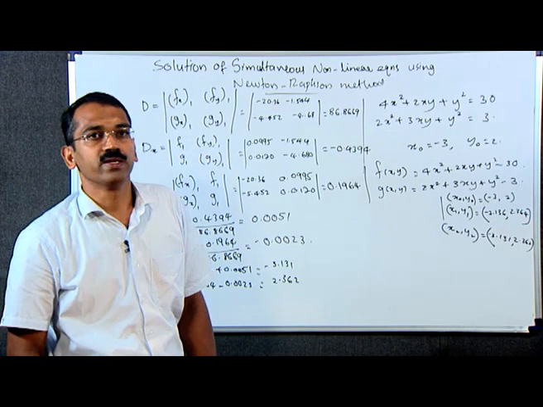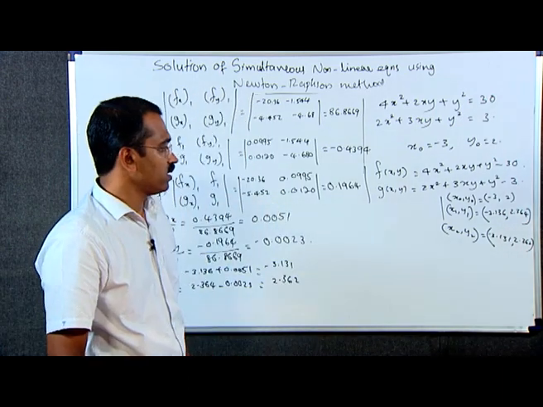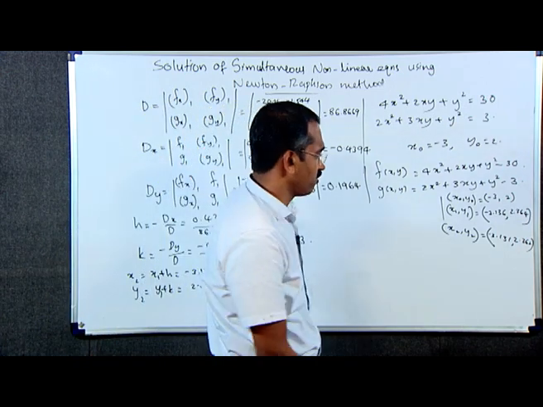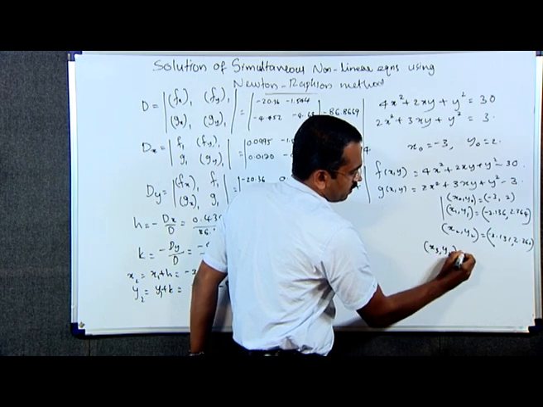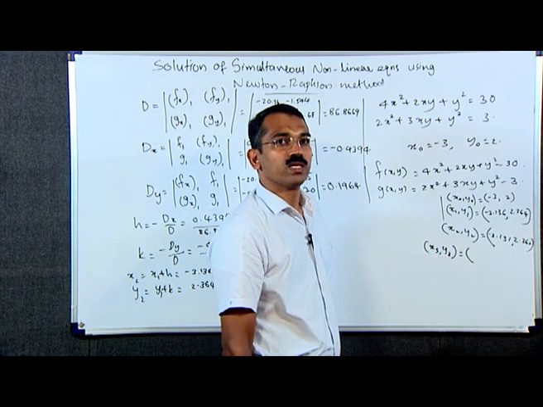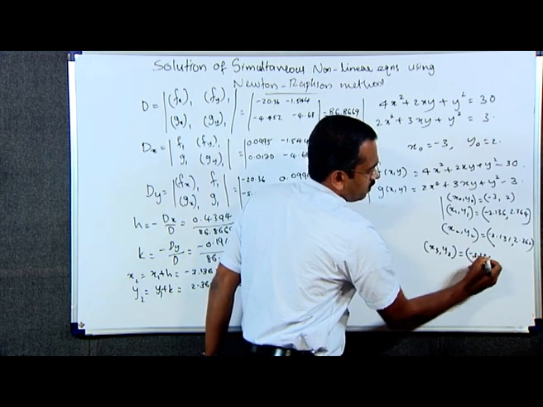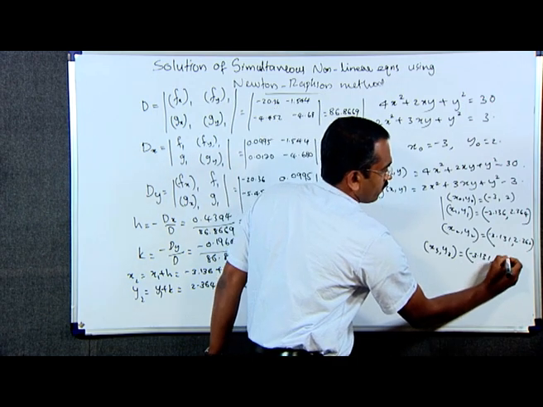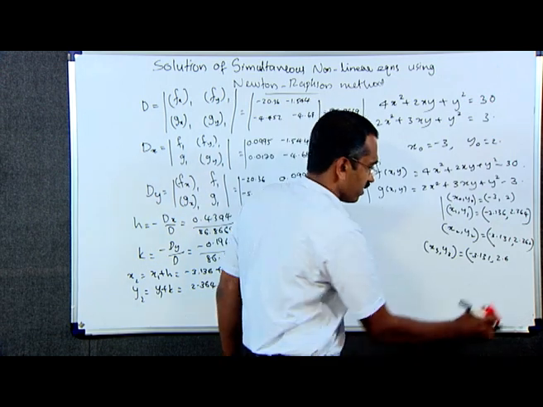In a similar manner, we can obtain the third approximation. After 3 iterations, we obtain x3, y3 as minus 3.131 and 2.362 approximately.